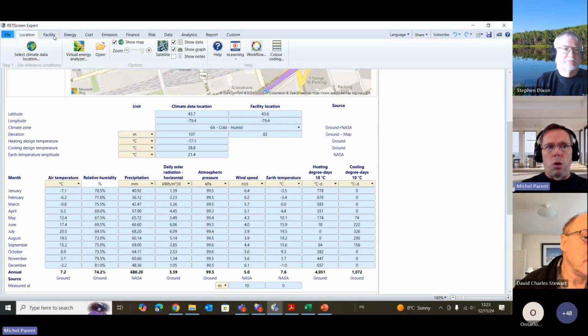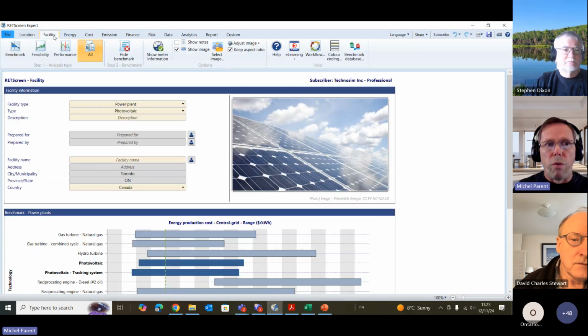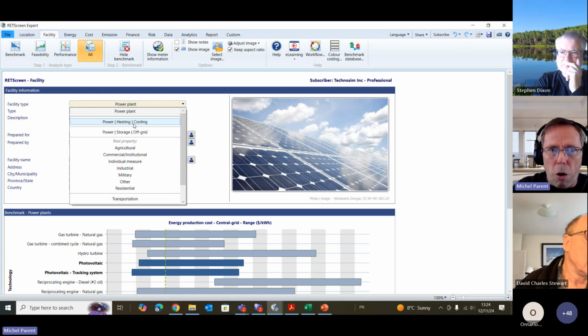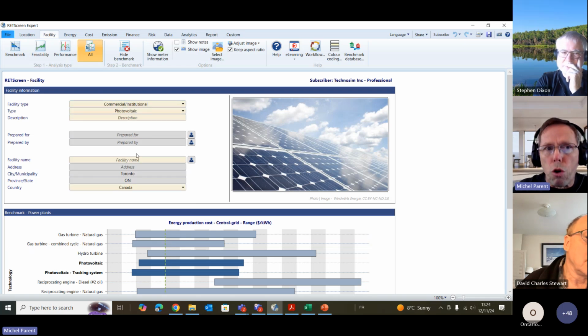The next thing we're going to do, you're going to change tab, go to facility, and that is critical to do that. Otherwise, you will not have the proper menu to build your HVAC system. In facility, by default, you will have power plant. We don't want power plant. We're not defining a power plant. We're going to define a commercial building.